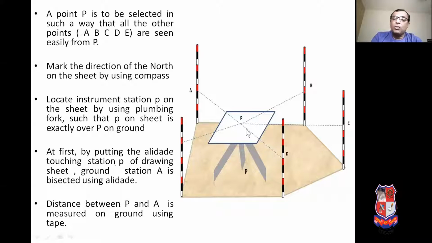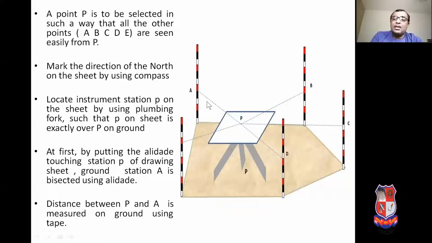Now we have to keep the alidade on this drawing sheet, and alidade is exactly touching the paper station small p on the drawing sheet, and we have to bisect the ranging rod A, looking through the eye vane and object vane.